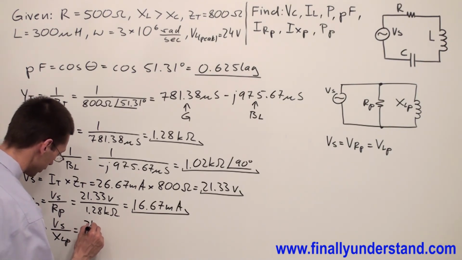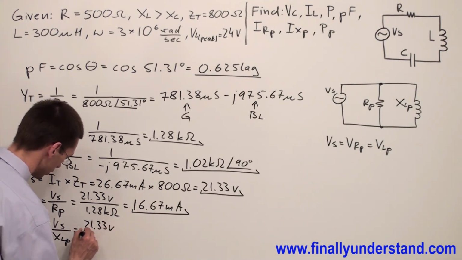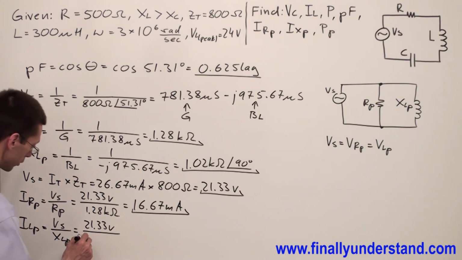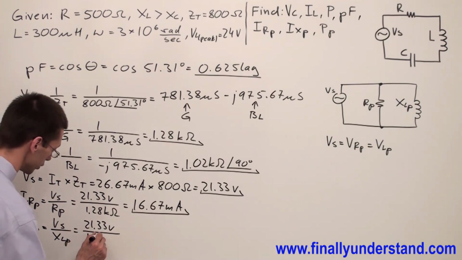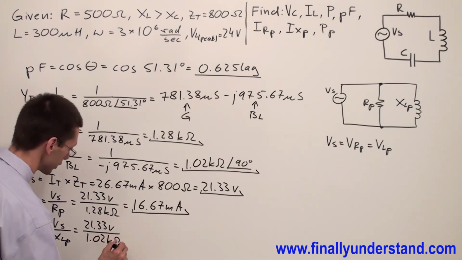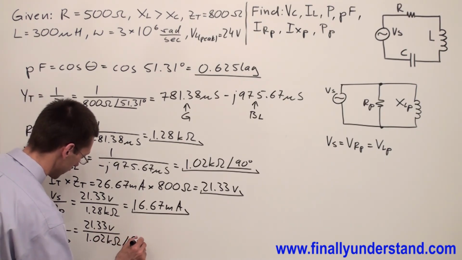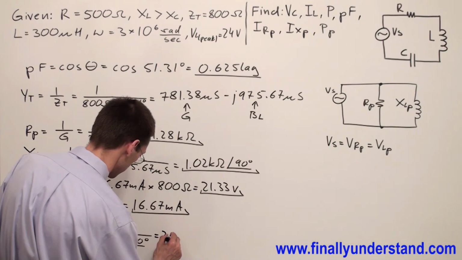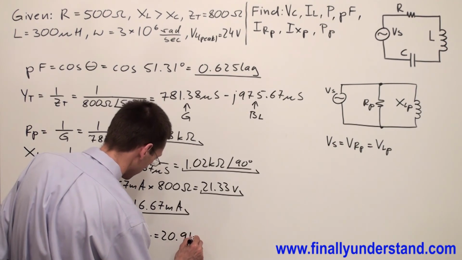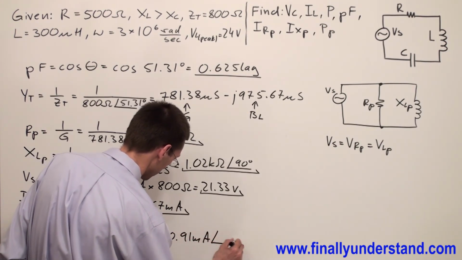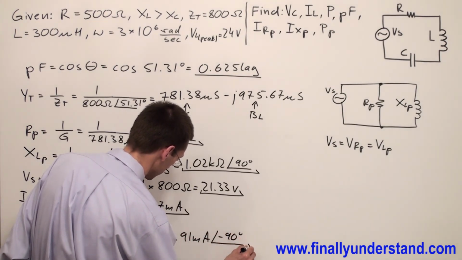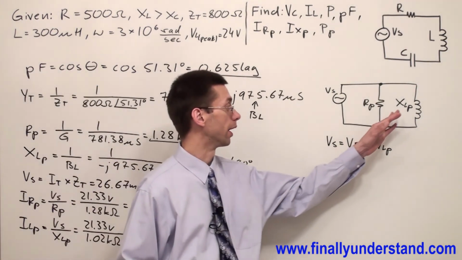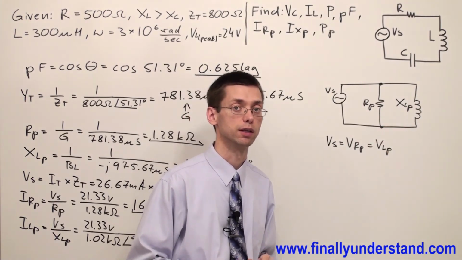So I have 21.33 volts over X_LP, which is equal 1.02 kiloohms and angle of 90 degrees. This is equal 20.91 milliamps and angle of negative 90 degrees. So this is the current which goes through my inductor in the parallel equivalent circuit.